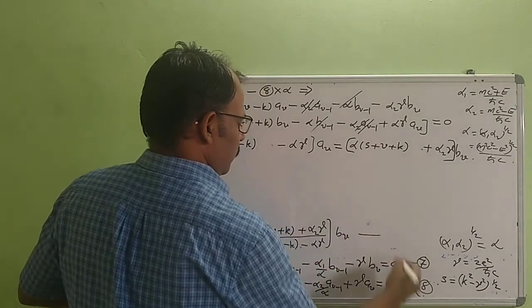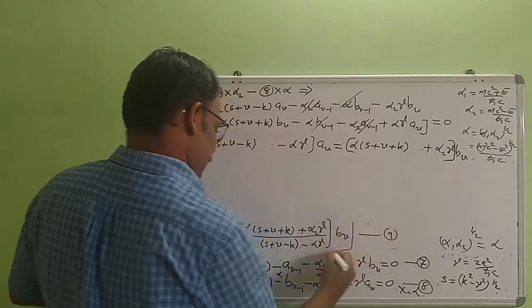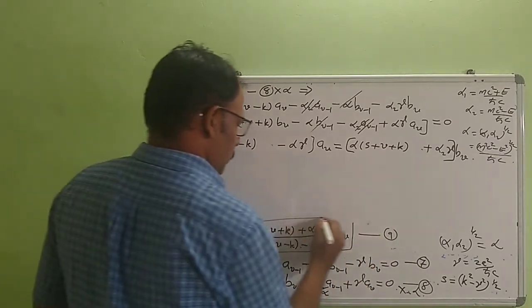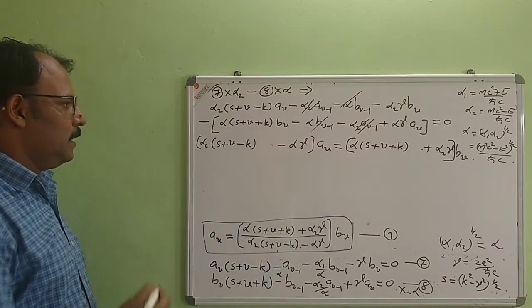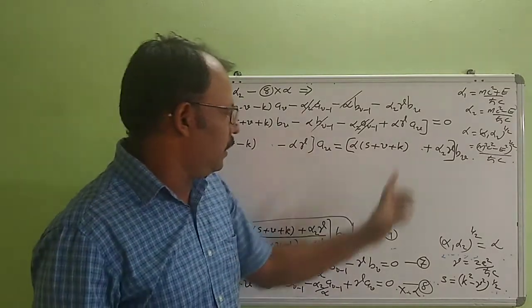You just check this equation whether it is correct or not, whether any term is missing there or not. So we got the relation connecting the coefficients AV and BV.